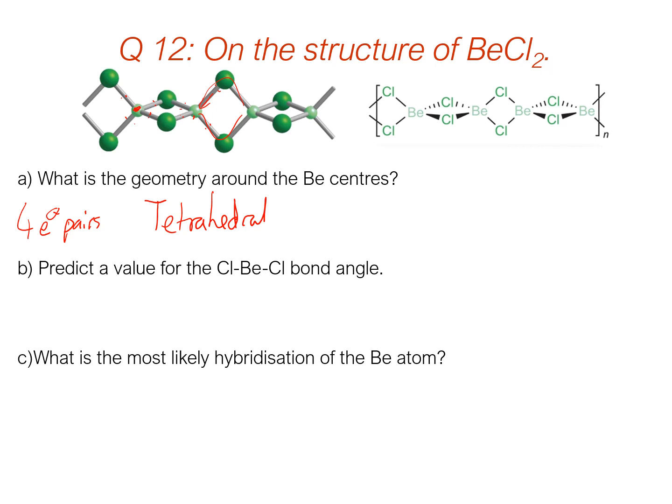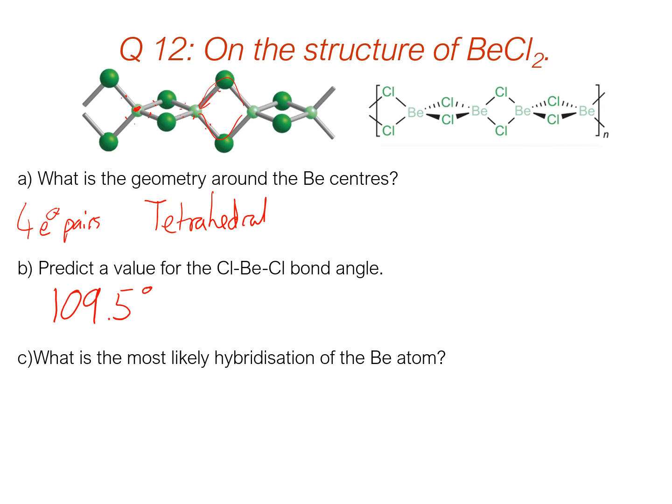Next is a value for the Cl-Be-Cl bond angle. So this is directly related to the geometry. We know that if there are no lone pairs and all of the electron pairs in a tetrahedral geometry are bonding, that means there's a bond angle of 109.5 degrees.